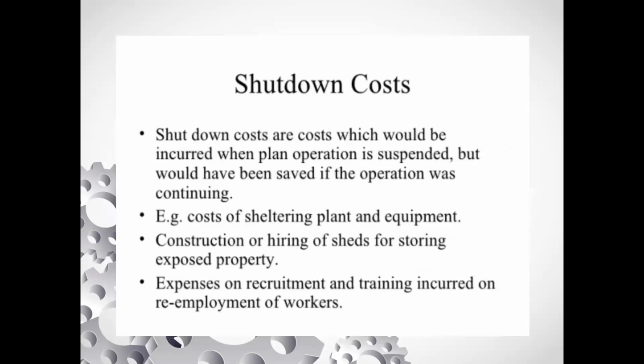Next we move on to the shutdown cost. Shutdown cost is the cost which would be incurred when plant operation is suspended. The best example is from today. All theaters and malls were locked down and not supposed to open. They remained closed for 8 months.